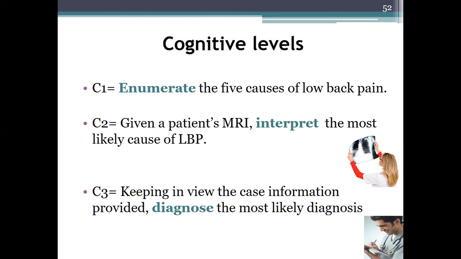Mostly the understanding and remembering will be summarized as C1. In C2, given a patient MRI, interpret the most likely cause of the LBP. Then C3 will be the higher level: keeping in view this case information, provide the most likely diagnosis.